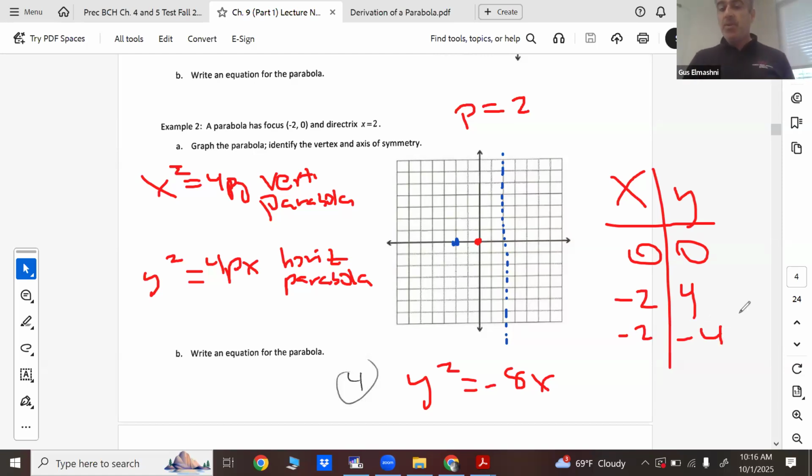It would fail the definition of a function. These are not functions, by the way.